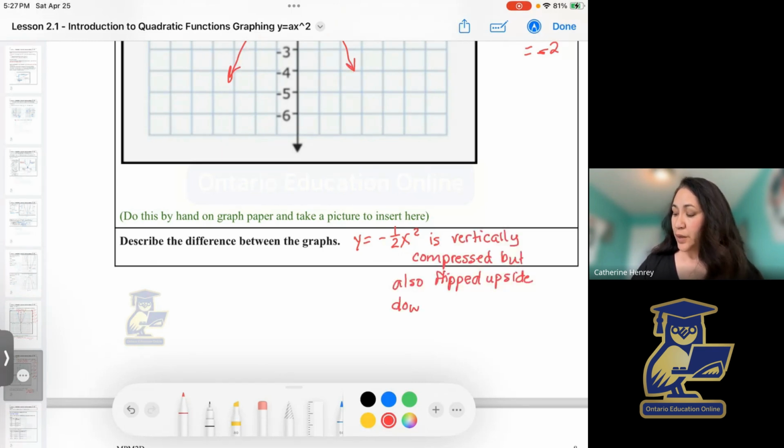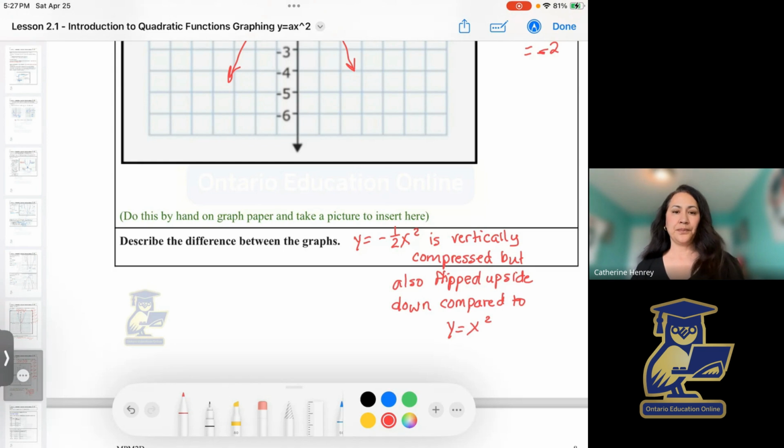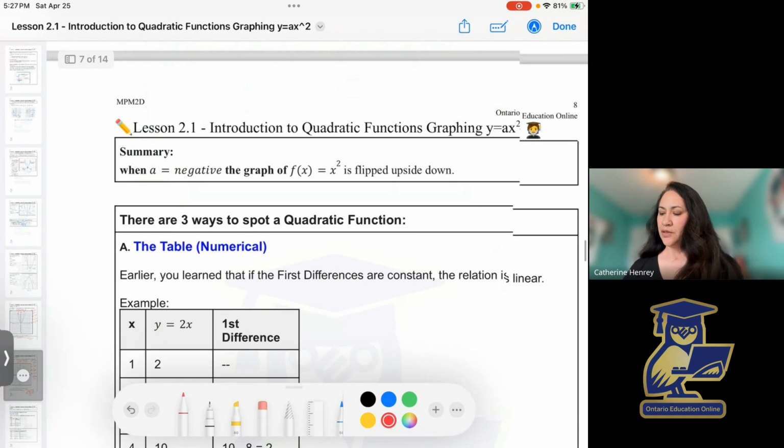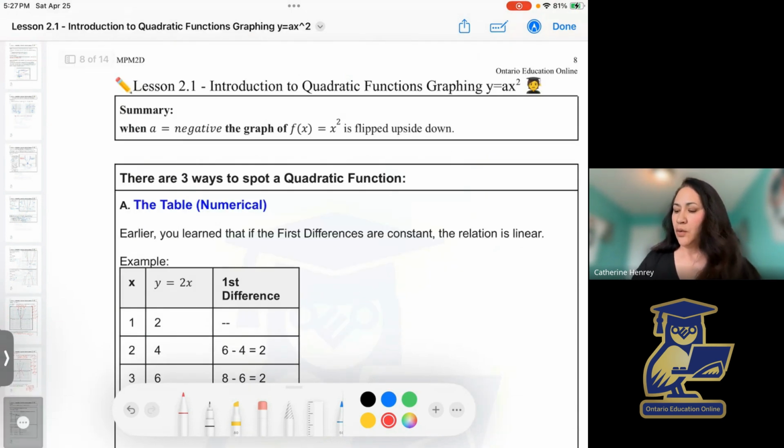And again, that's compared to the parent function, which is y equals x squared. All right, let's keep going. So here's the summary. When a is a negative value, then the graph of x squared is flipped upside down.